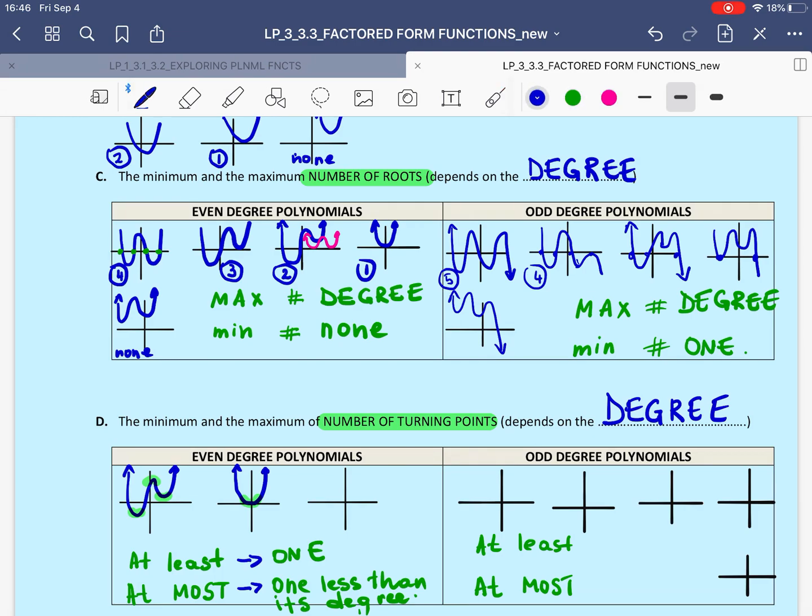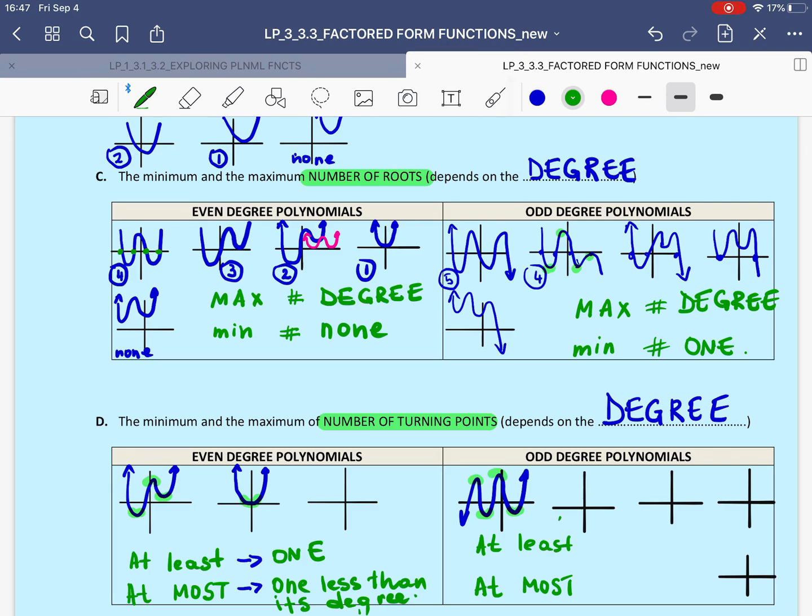So in odd degree polynomial functions, and I'm going to draw some fifth degree polynomial functions, so 1, 2, 3, 4, 5 here. So we have a turning point, 1 here, 2, 3, 4. So this will be the maximum number of turning points, which is 1 less than the degree. Another, and I'm going to borrow this example here. So 1, 2, 3, 4 as well.